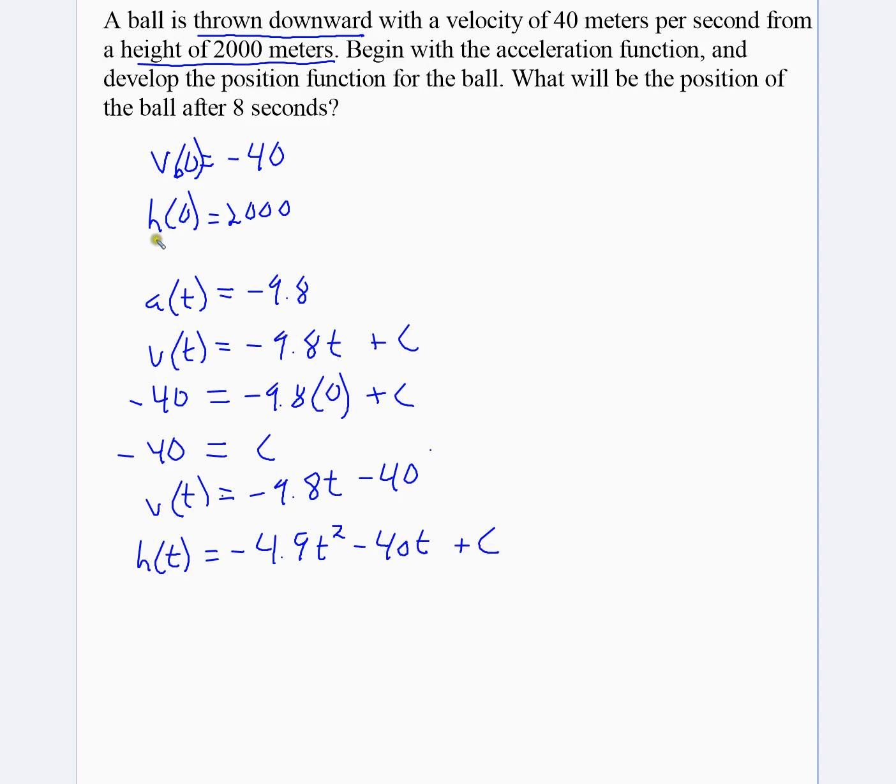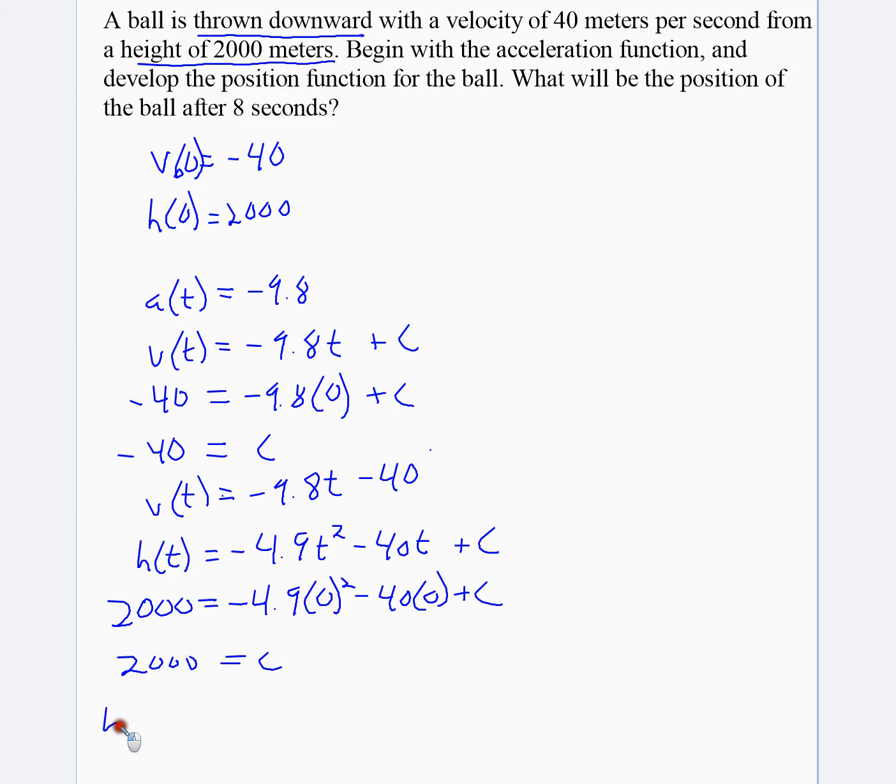Well, we know that our height at time of 0 is 2,000, so we know that our height is 2,000 when we plug in 0 for the time. Which tells us that c is simply equal to 2,000.